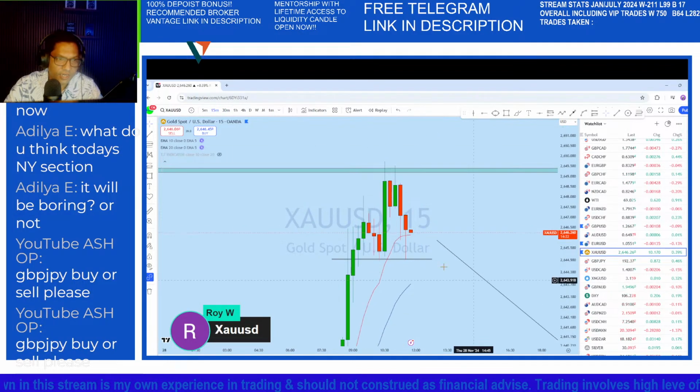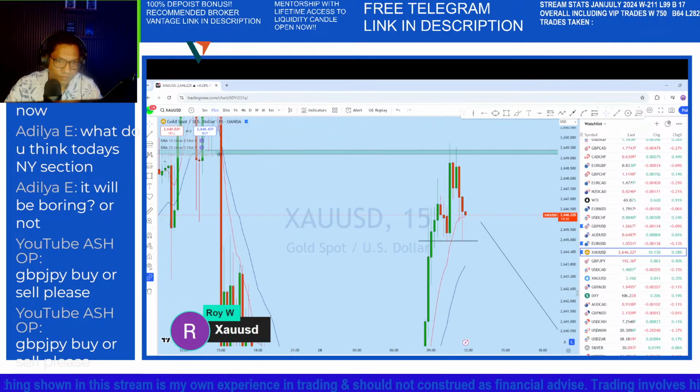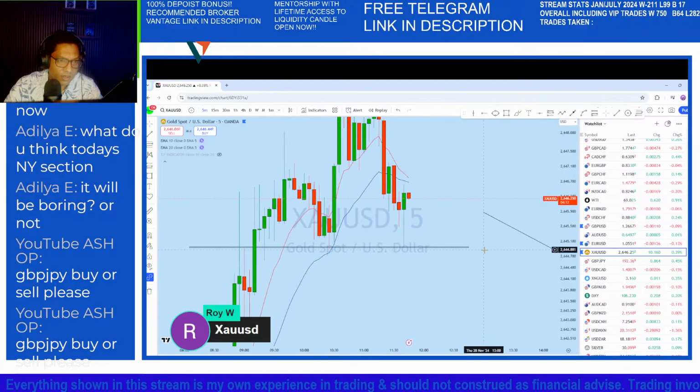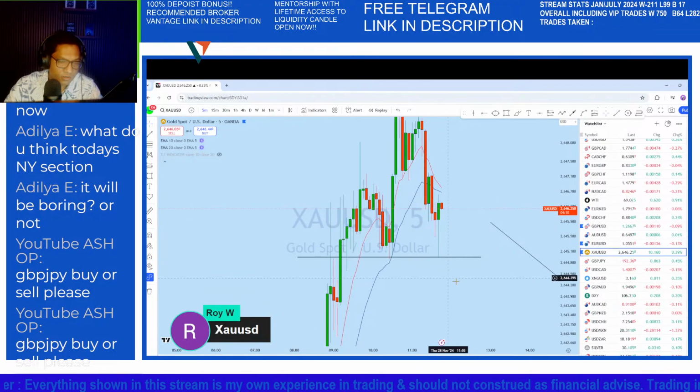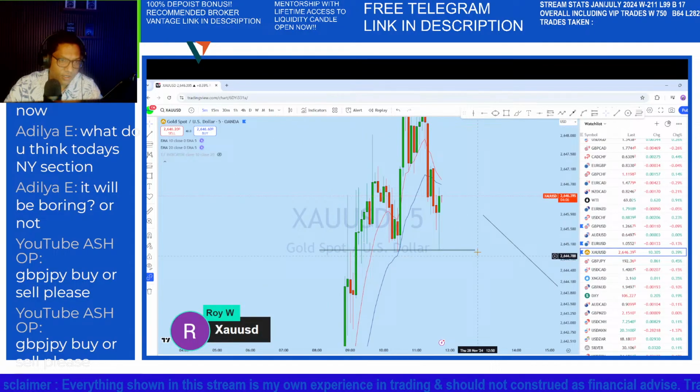Okay, so looking here, you can see the market might come for a liquidity grab that might lead price for another rejection here. Let's see.